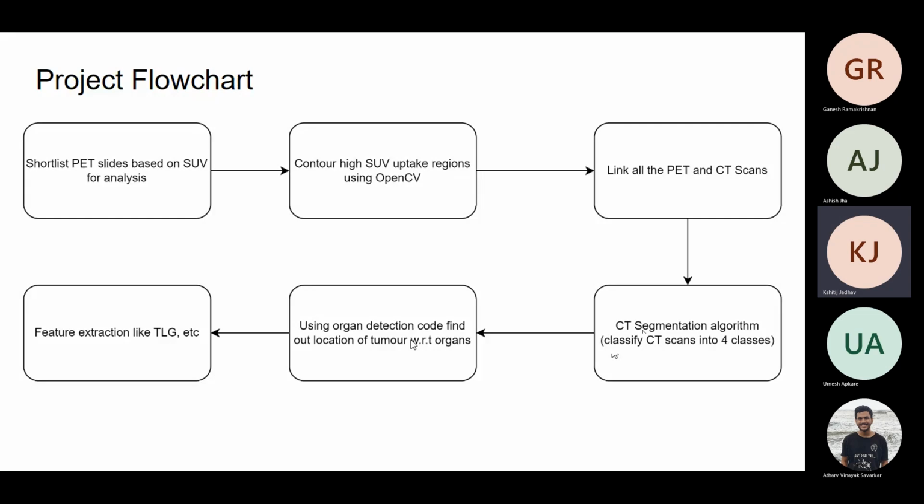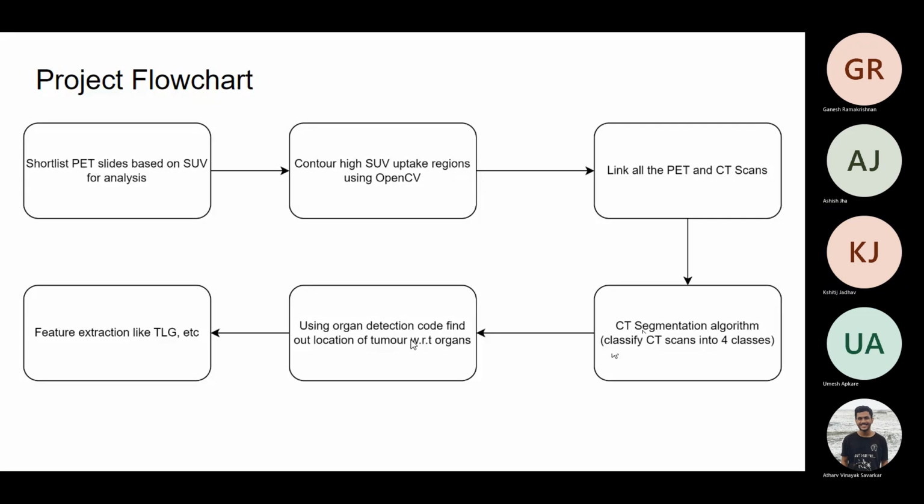All of them, we have to potentially identify. Once you find PET CT scans, from the PET scan you will get the SUV max. So you will find the corresponding CT scan image, right? And then using this organ detection code, you can identify which organ it is. Am I making sense?